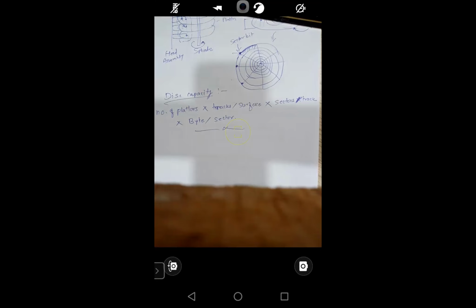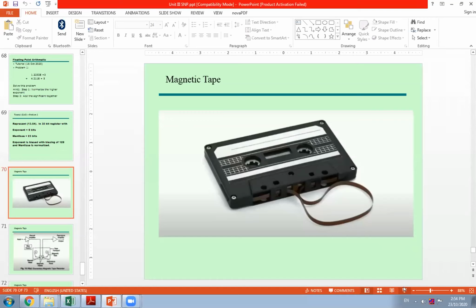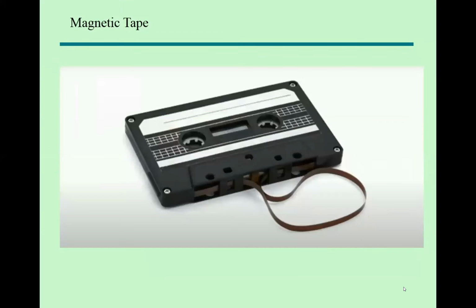The next is the magnetic tape. Okay, magnetic tape.